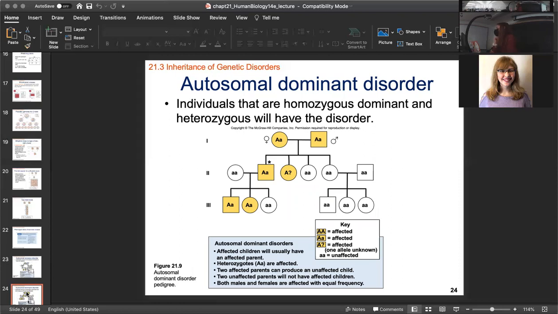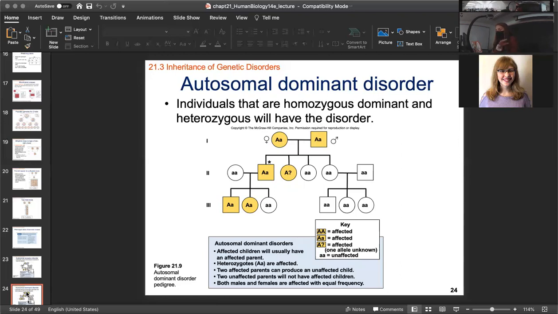Okay. Here's another example. We don't have any cousins doing their thing anymore in this example, so that's nice. Individuals that are homozygous dominant and heterozygous will have the disorder. So we have a pedigree here. Remember, the circles are females, the squares are males. All right.